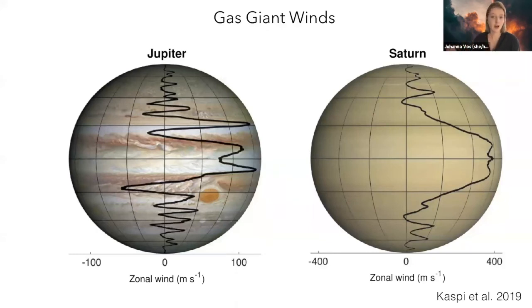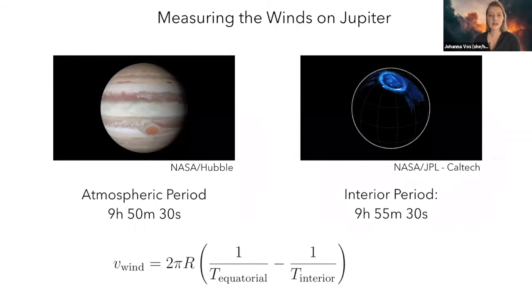Now this is not something we can do for brown dwarfs anytime soon, because as I mentioned earlier, we're not resolving them. But there's actually a second way to make this measurement. And that's by focusing on the rotation periods of Jupiter. So there's two ways of measuring the rotation period of Jupiter.